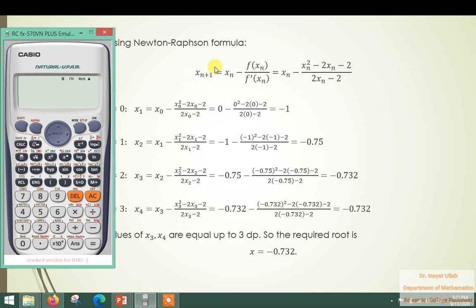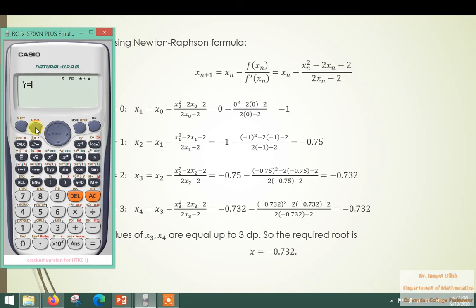Denote this thing by y, so y is equal to, and then all these xn's are denoted by x. So x minus x square minus 2x minus 2 over 2x minus 2.